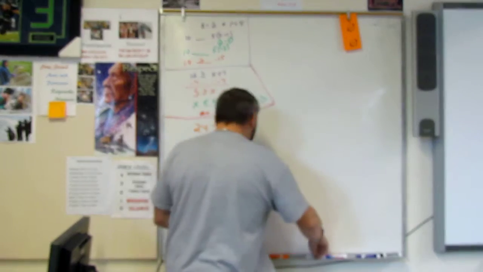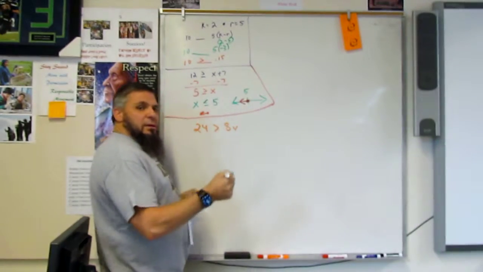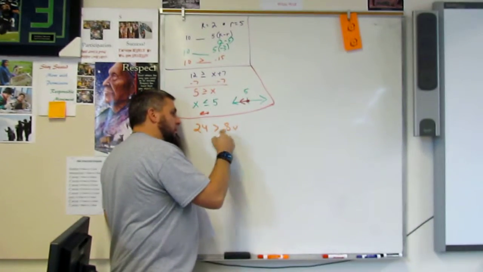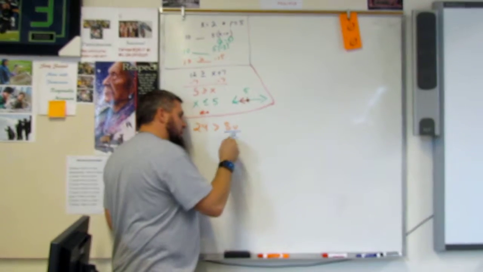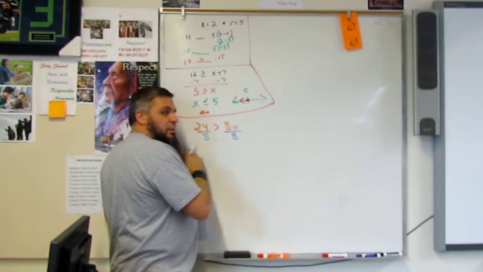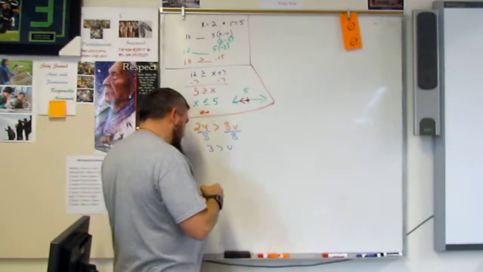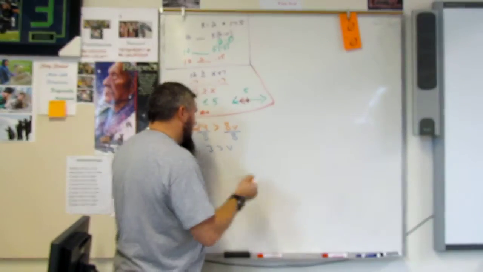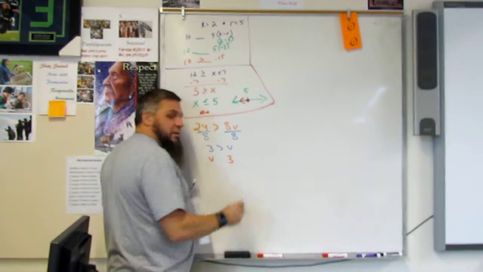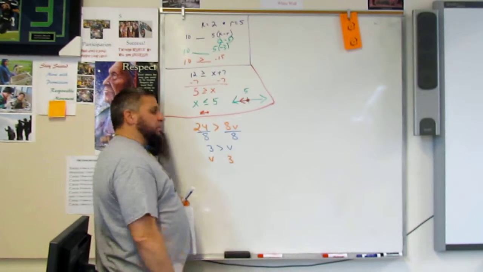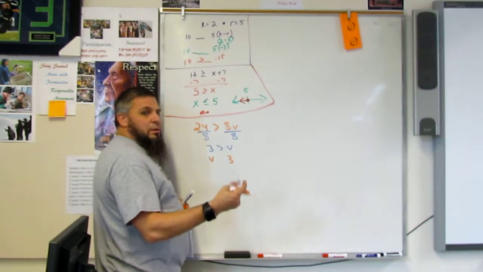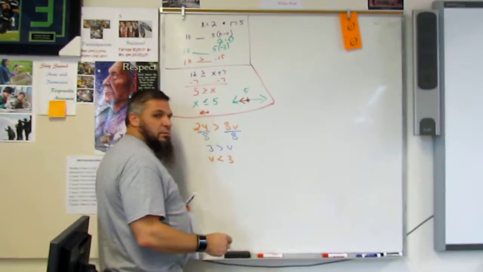So divide 8 on both sides, and I get 3 is greater than b. But you have to put it the other way, b and 3, right? So where is it still pointing? Yeah, at the b. Okay?